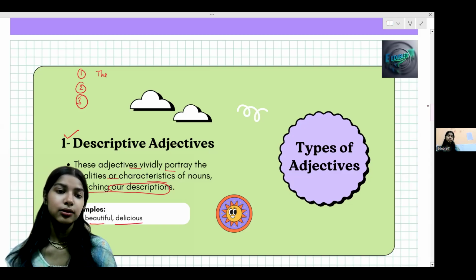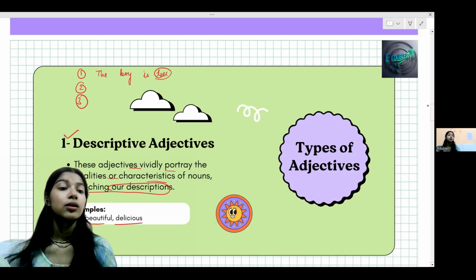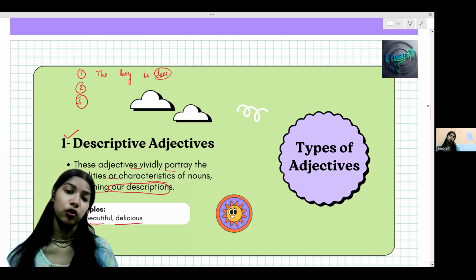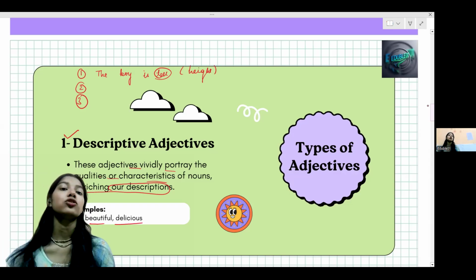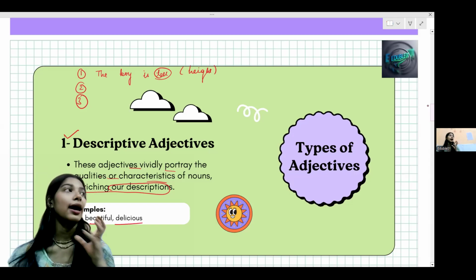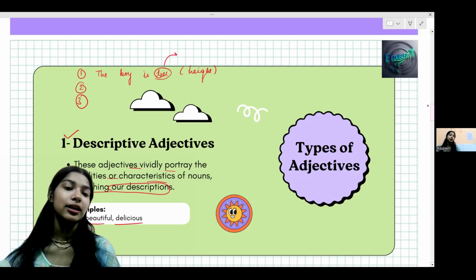The boy is tall. It is describing the height of the boy. It's giving the description about the height of the boy. So tall is the descriptive adjective.